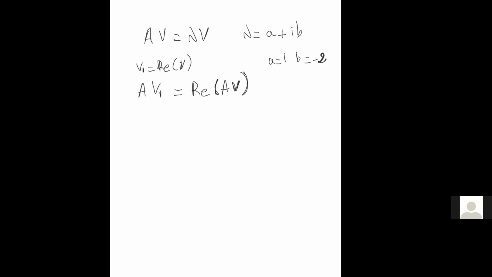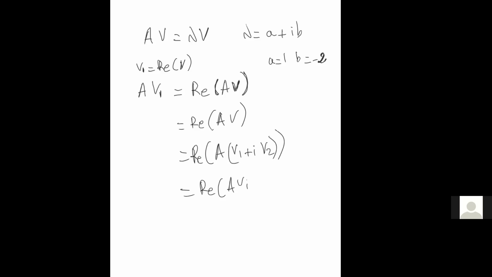Because the real part of AV is the real part of A times V1 plus i V2, and this is the real part of A V1 plus i A V2.